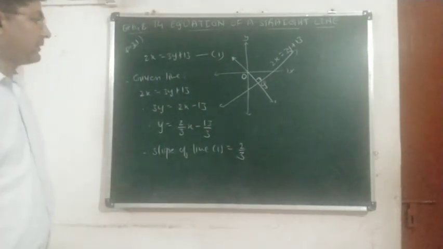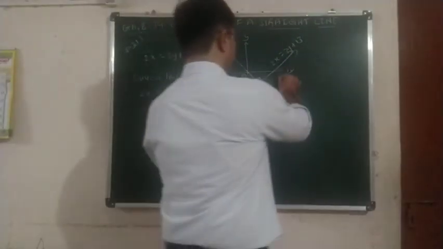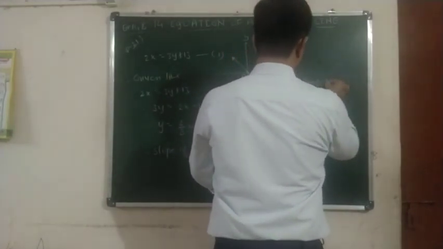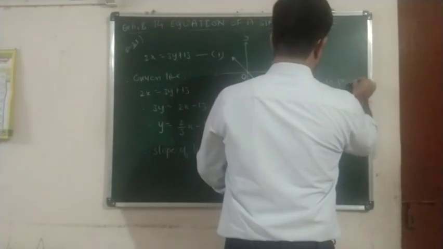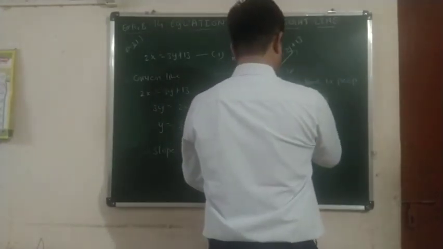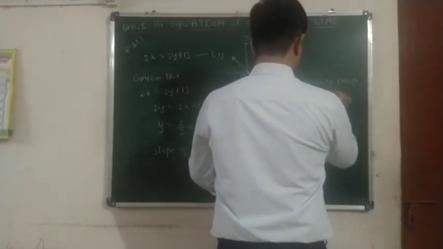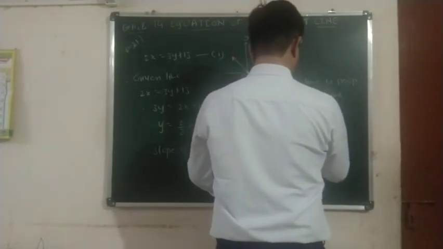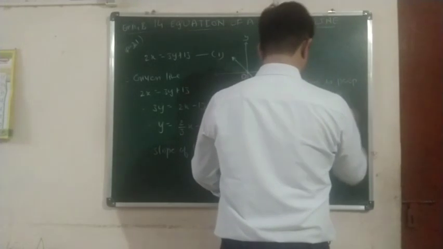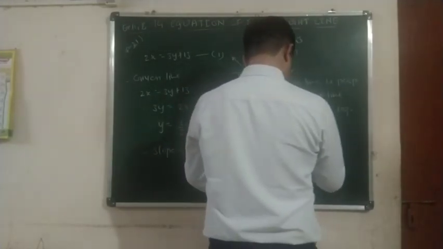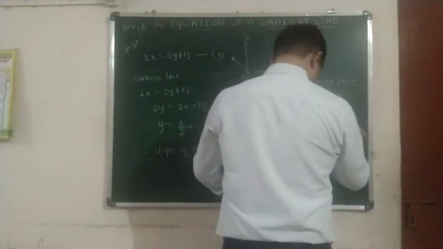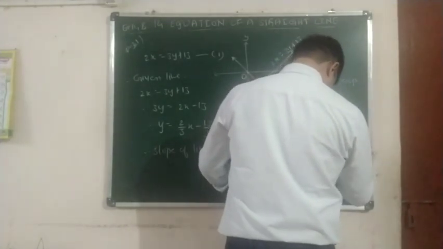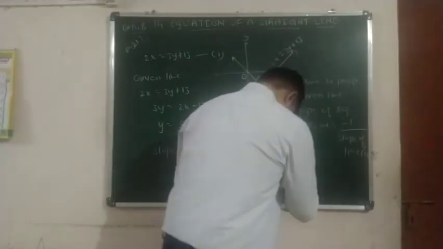Clear? Now the required line is perpendicular to the given line, and therefore the slope of the required line, denoted by m, will be minus 1 upon the slope of line 1.